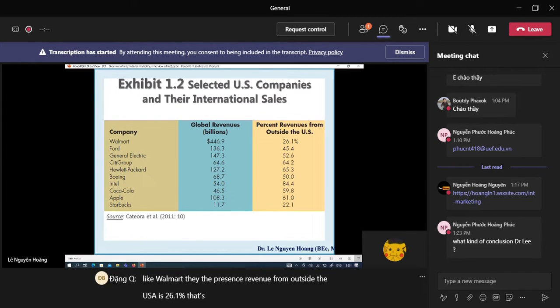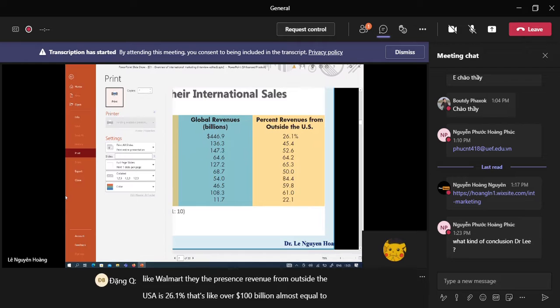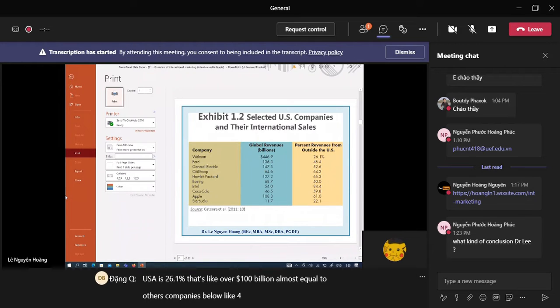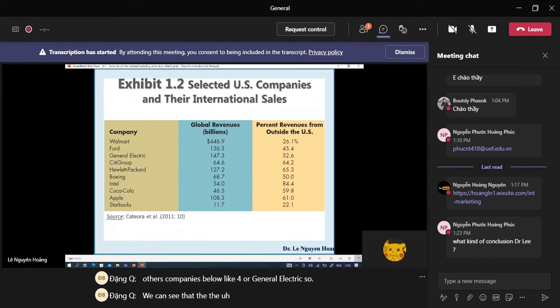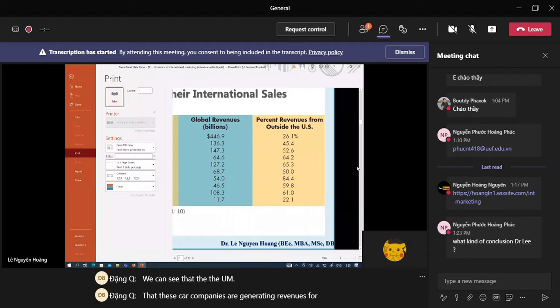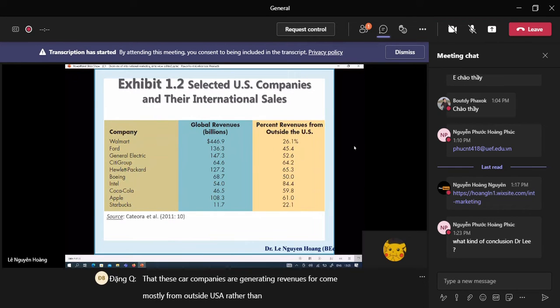That's over $100 billion, almost equal to other companies below, like Ford or General Electric. So we can see that these companies generate revenues mostly from outside the US rather than inside.